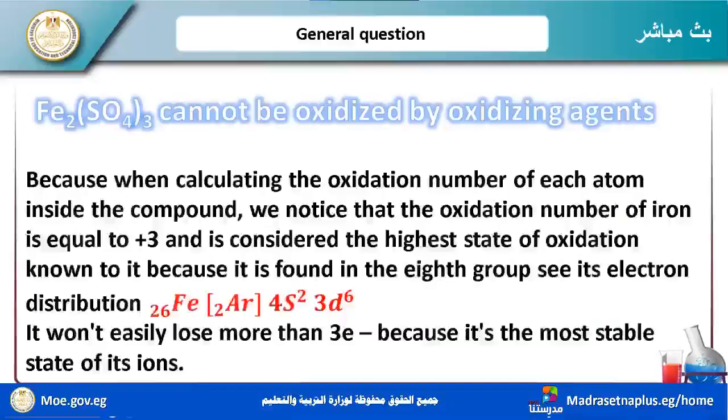When calculating the oxidation number of each atom inside the compound, we notice that the oxidation number of iron is +3 and is considered the highest state of oxidation, because it is found in the 8th group. Its electronic configuration is 4s2 3d6. It won't easily lose more than 3 electrons because it is in its most stable state.